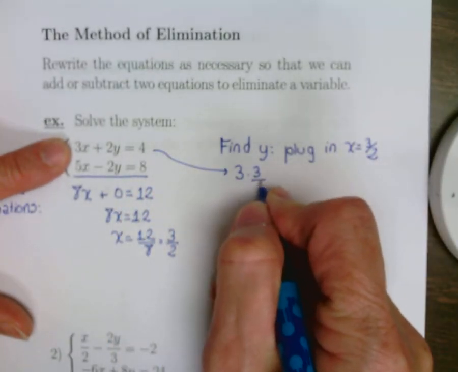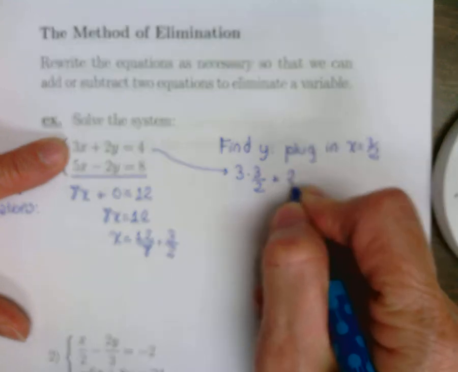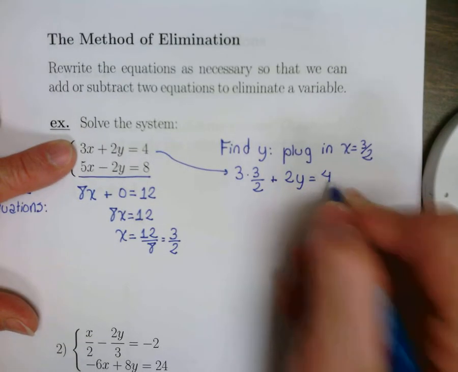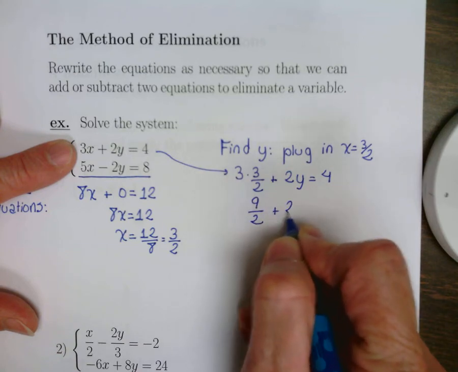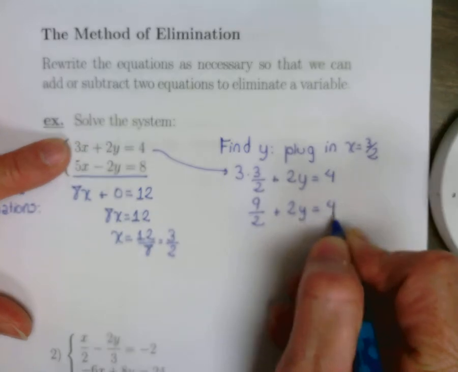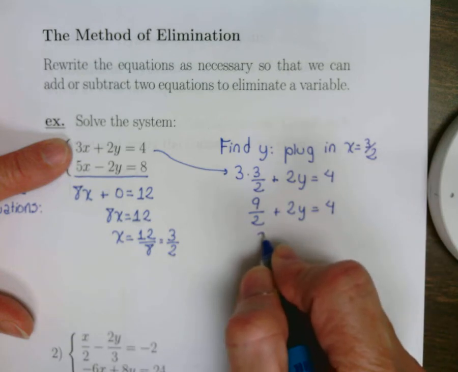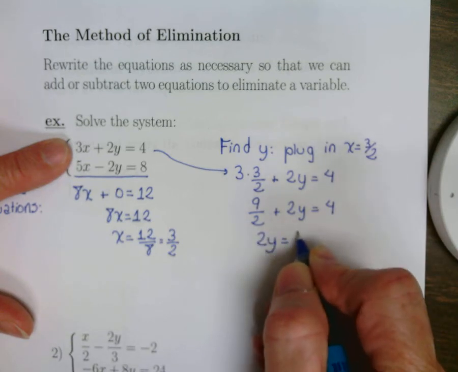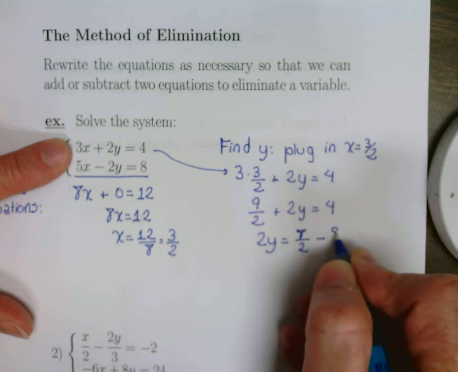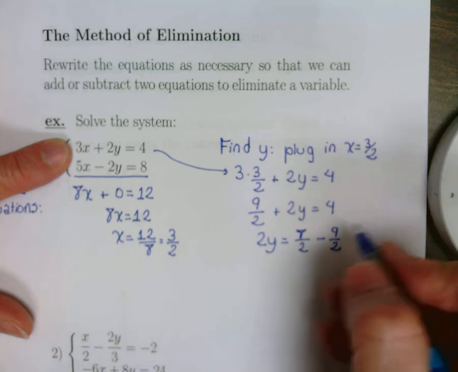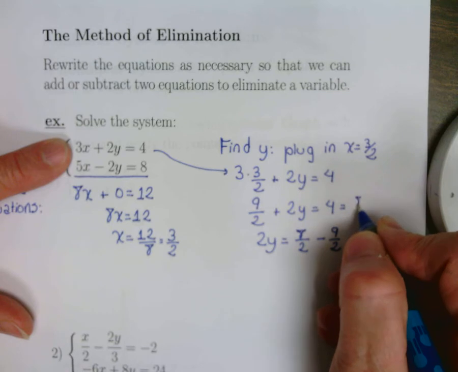So 3 times 3/2 plus 2y equals 4. Okay, so 9/2 plus 2y equals 4. 2y equals 4, which is 8/2 minus 9/2. 4 is 8 over 2.